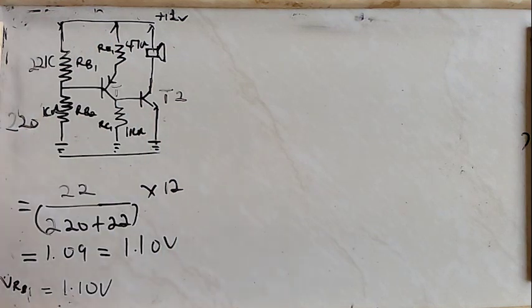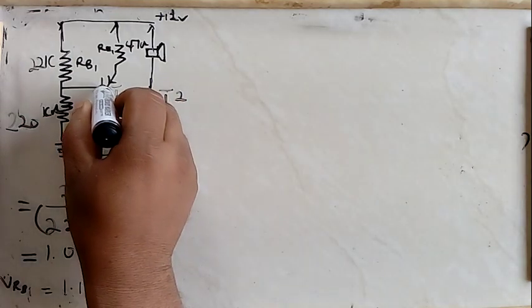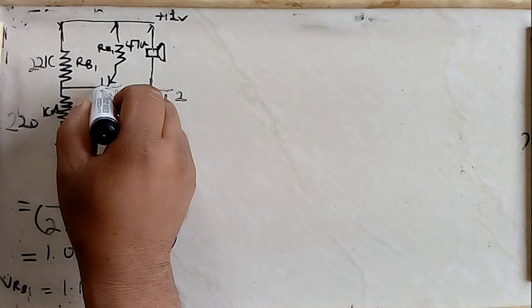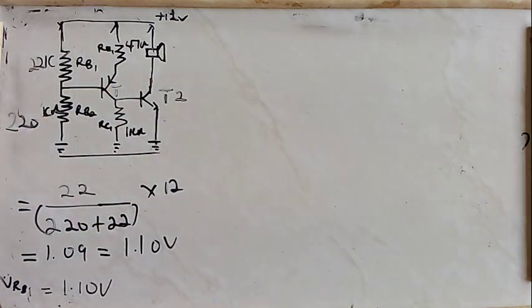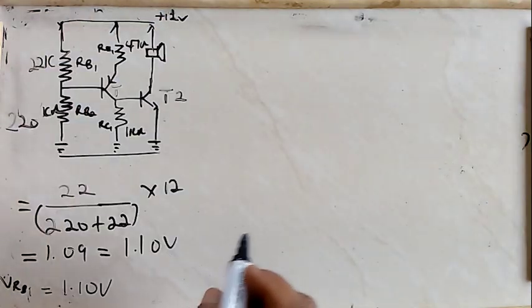The voltage on RE1 will be the voltage on this resistor minus the BE drop, which behaves like a diode. The BE junction of a transistor behaves like a diode, so it will lose 0.7 and the rest will come and collect on RE1.